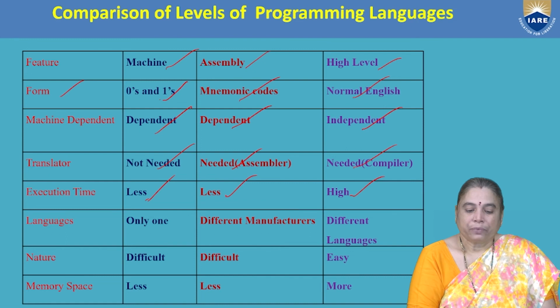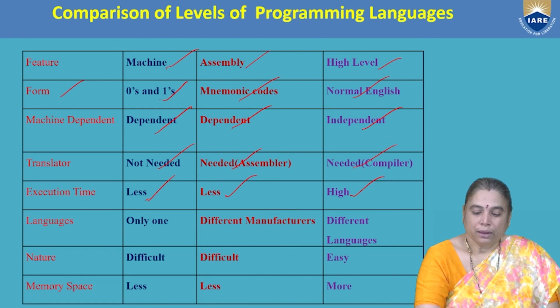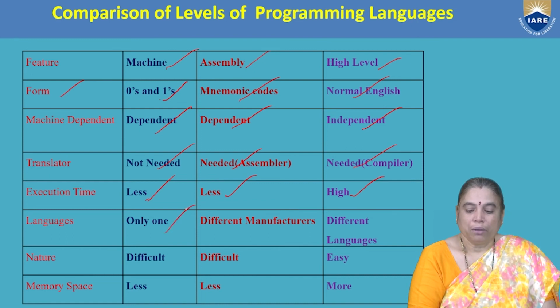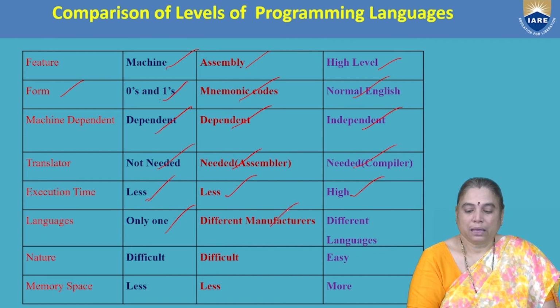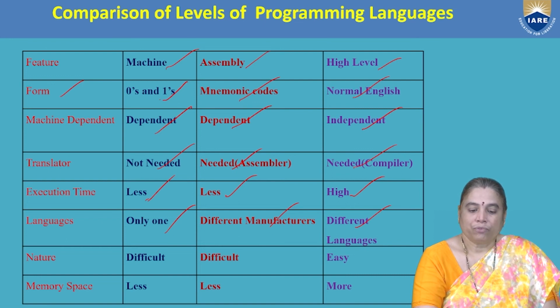Next is languages, only one machine code. But here different manufacturers use different assembly language codes. Here a variety of high level programming languages are there. Regarding the nature of accessibility, coding, understanding and debugging the code, in the machine language it could be somewhat difficult.